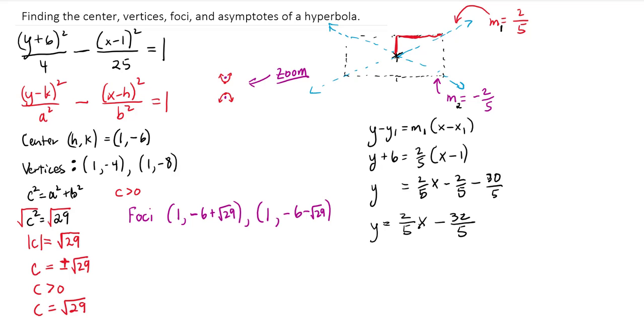And why don't we get the other one? So the other asymptote would be what? It would be y minus, once again, y1 equals m2. But what's m2? A negative 2/5. And then we once again have x minus x1.